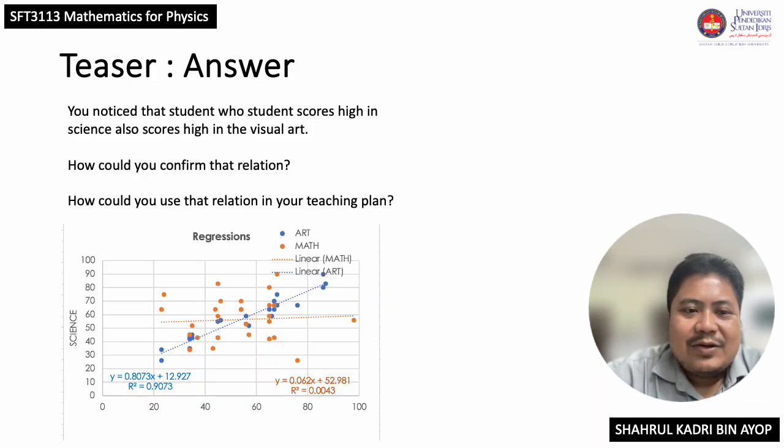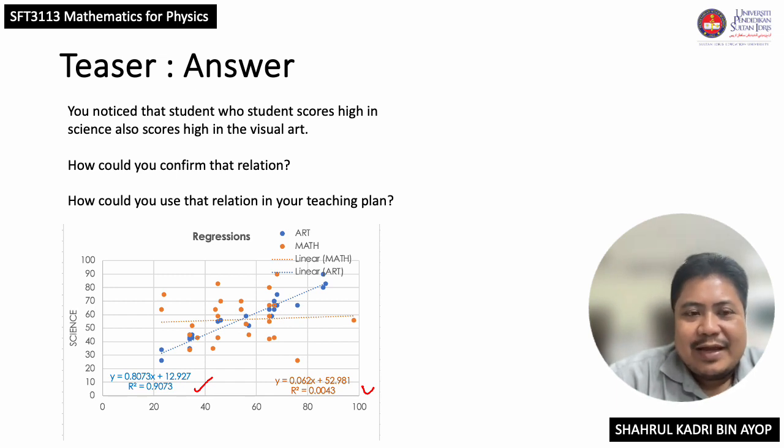Okay, so when we put both in the same graph, that means science versus score in art or in maths, we can see that there is a very strong relationship between the score in science and the score in arts.